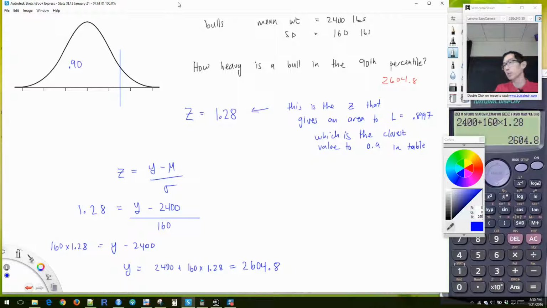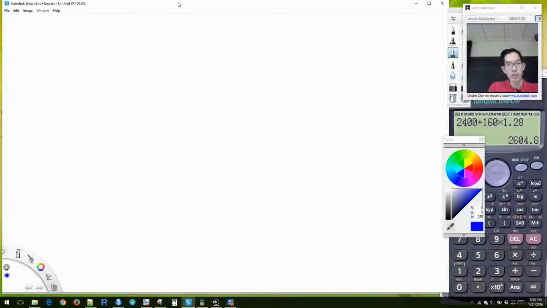There is a section called Assessing Normality, which is in the text, which is all about these normal probability plots. This is sometimes called a QQ plot, or maybe a normal QQ plot. The QQ stands for quantile.